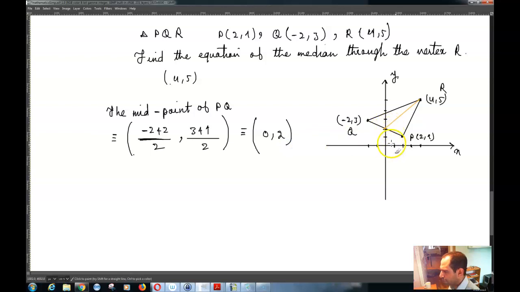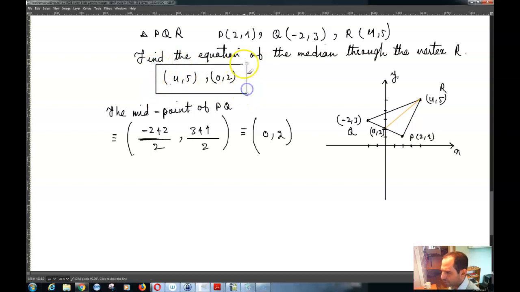So basically the coordinates of this point is 0, 2. So now the line that I'm looking for has basically these 2 points, 0, 2 and 4, 5.